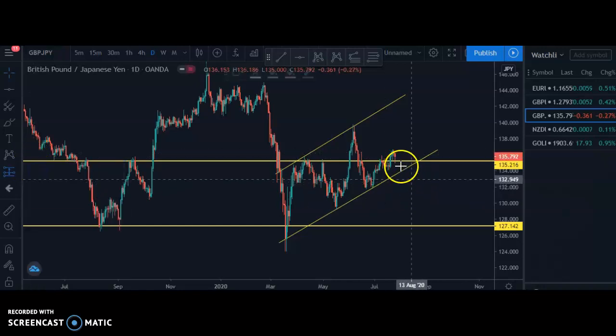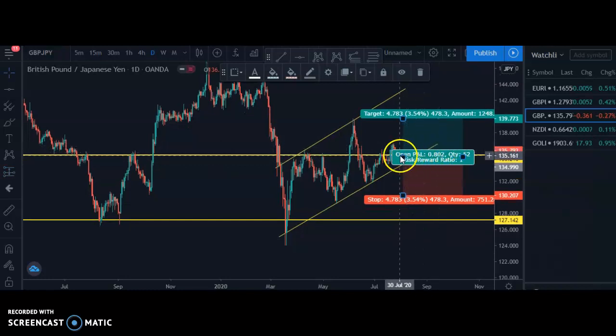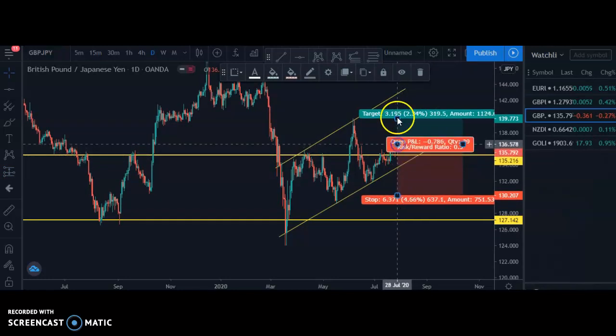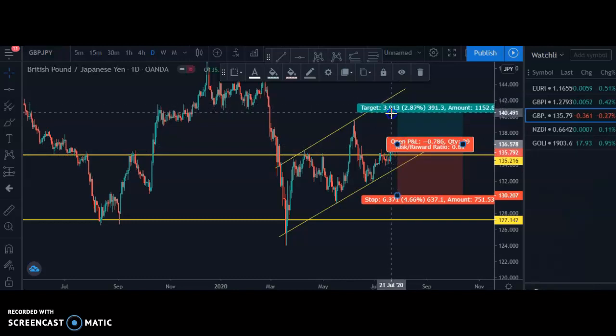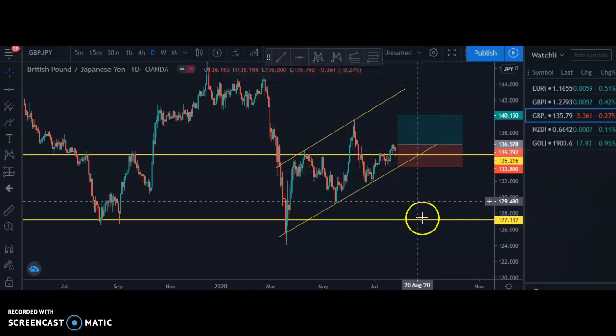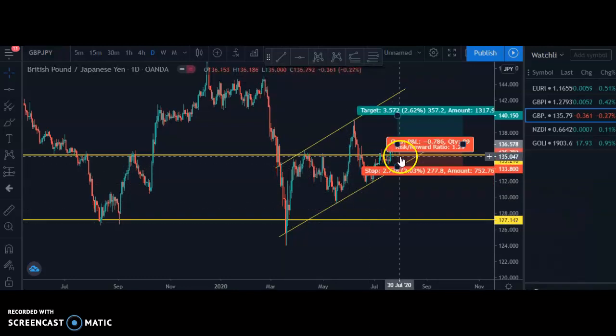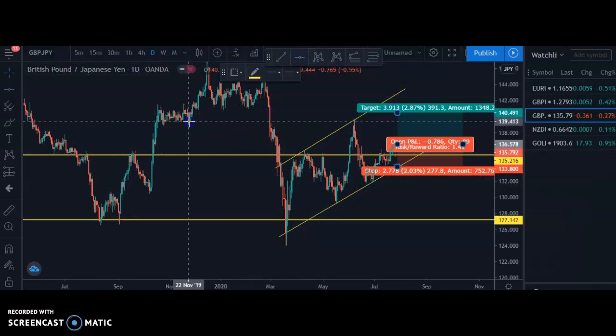If one was buying, the take profit would be around this area, stop loss around this. That's how you would buy, up to around this area of resistance. Hope we all see it, of resistance.